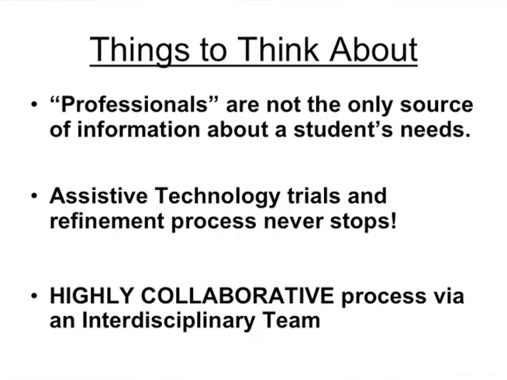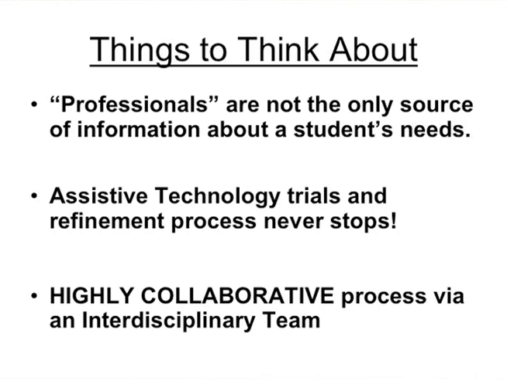The assistive technology trial and refinement process never stops. In other words, if someone obtains a piece of assistive technology, it is not the only device or system that they will be using for the rest of their lives. We're always looking to refine and individualize as people age and go through life. Lastly, AT is a highly collaborative and interdisciplinary process, and we'll highlight those team members.